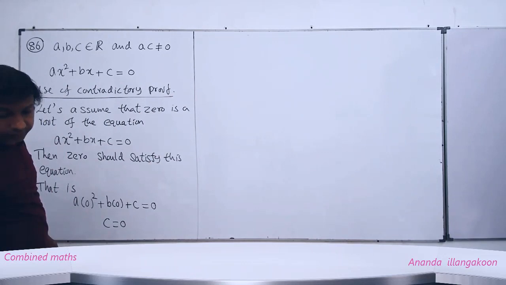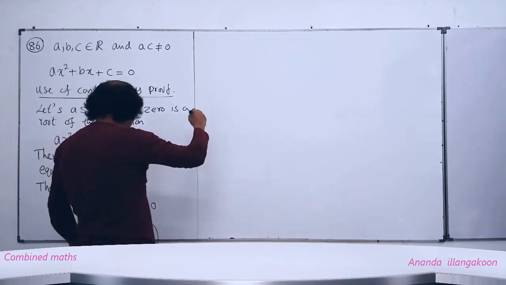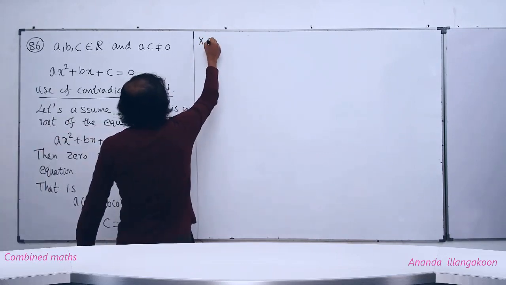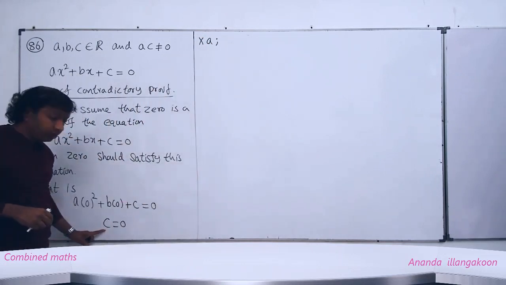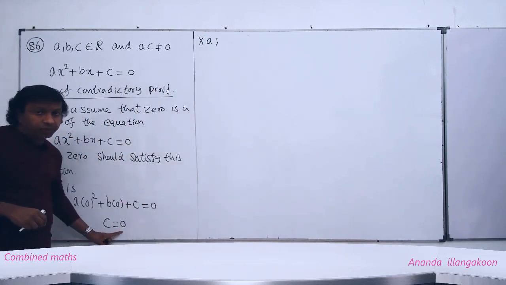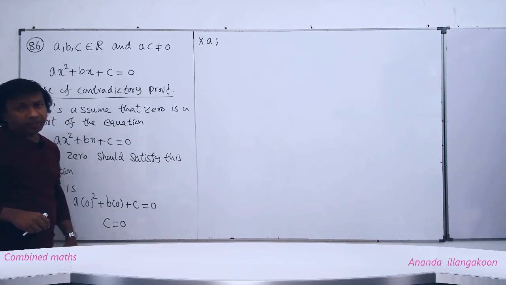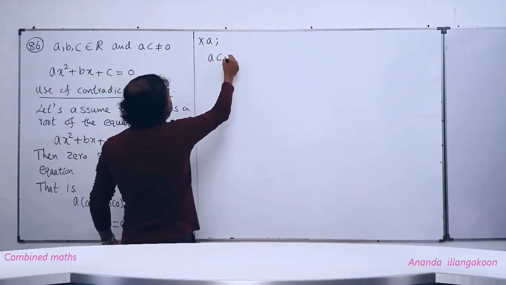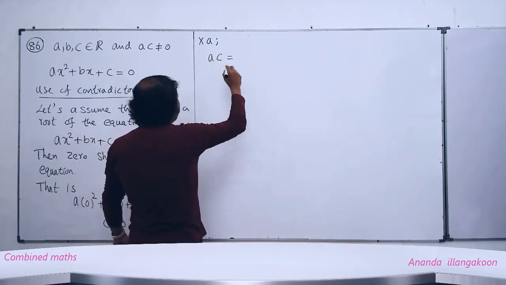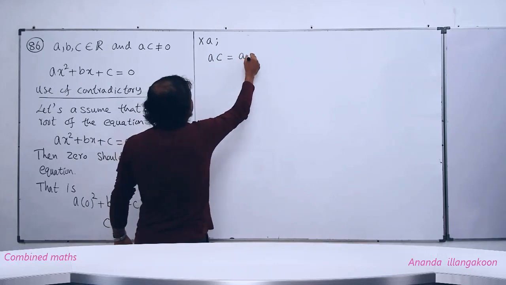Right. Now I multiply both sides by A. Of what? This. C equals 0 now, people. By A I multiply. Then you can see, people, A into C equals A into 0.